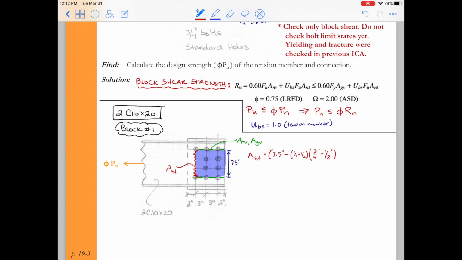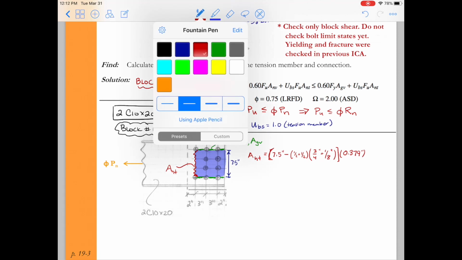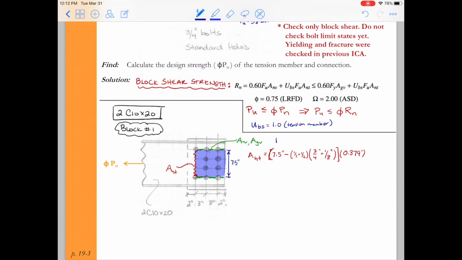So think of the net tension area as going from the center line to the center line of the two bolts. Again, like fracture, we have to consider that we can't just use the diameter of the bolt. We have to add 1/8 of an inch for the fact that we're using standard holes, which are 1/16 inch oversized. And then we're going to use a 1/16 inch for potential damage when we make this connection.